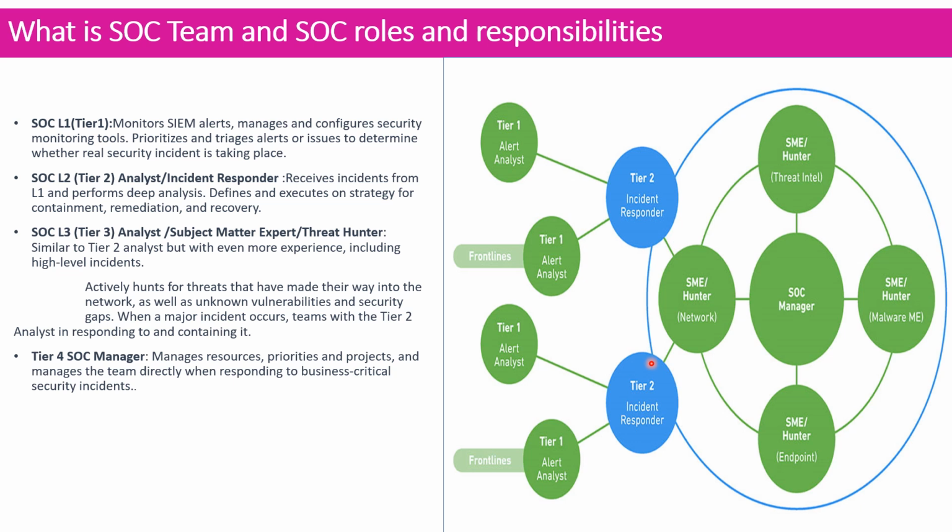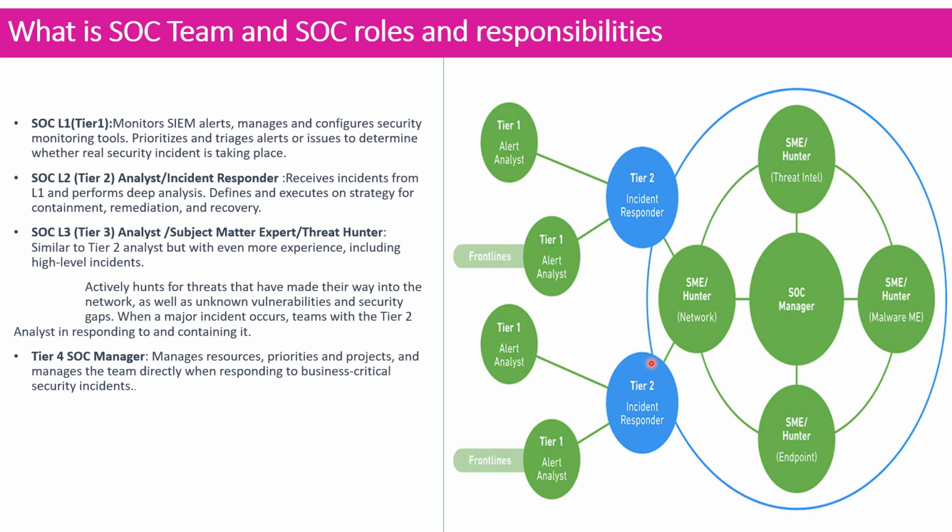These people have a very good understanding of incident response, and a deeper understanding of security technologies and the different types of attacks and attack methods, and how to investigate those attack methods.